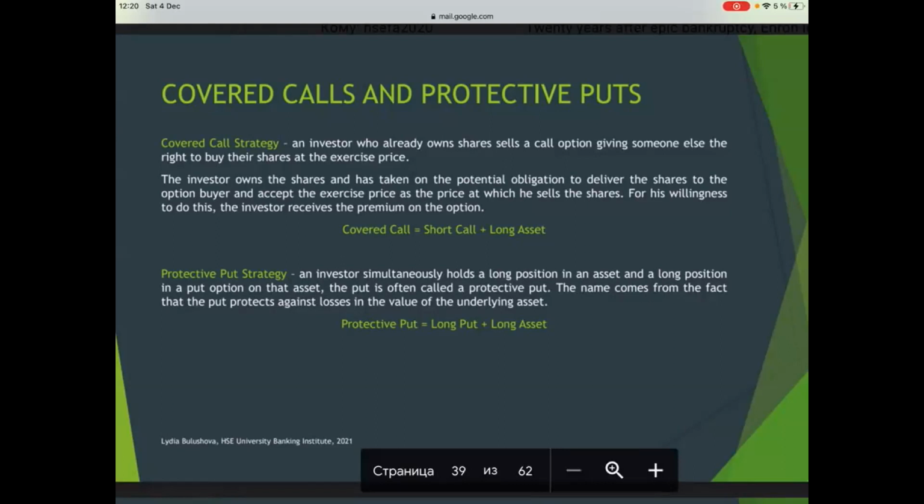What else? You have an asset and you sell a call option.